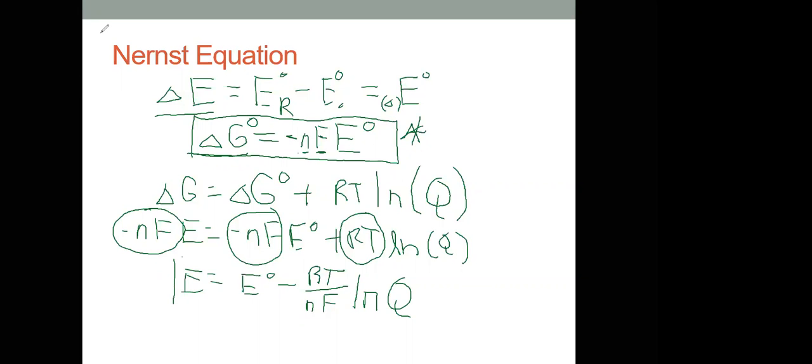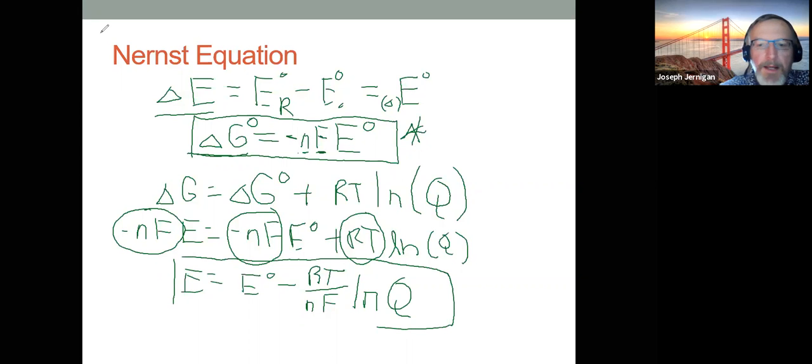That is the next important equation, okay? And that is a rendering of the Nernst equation.